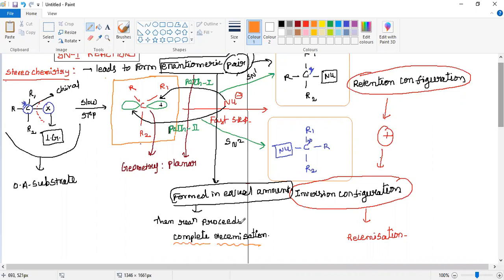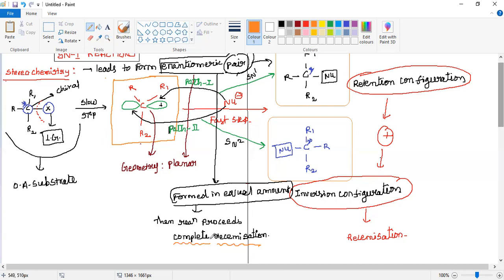Okay, next, in a case of complete racemization, if no optical activity is detected in that mixture, that is a very important point.